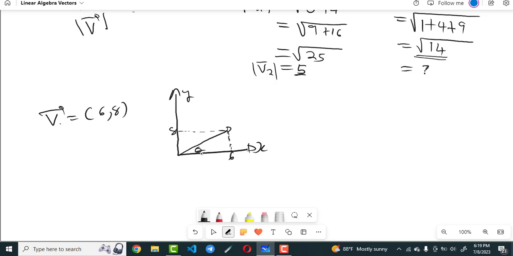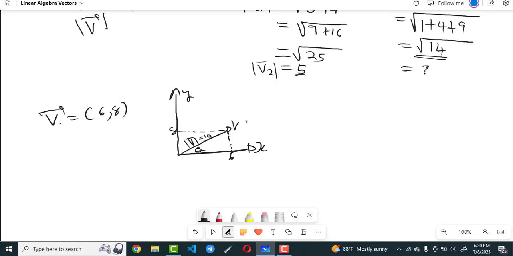This is the angle it makes. Also, the magnitude of this vector is 10.